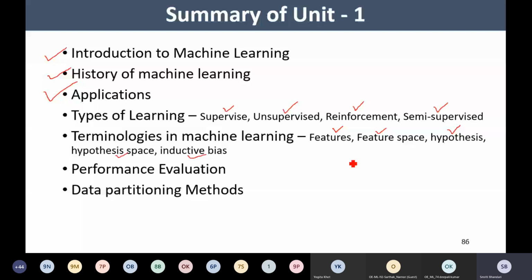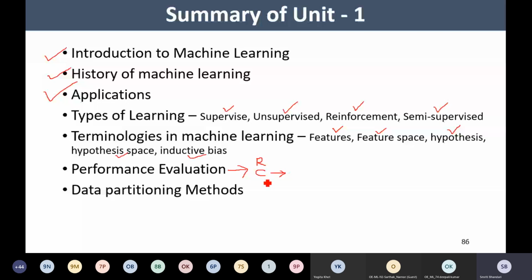Later, we discussed the performance evaluation of machine learning algorithms, right? Under that, we have seen how to evaluate the performance of regression algorithms. We have seen how to evaluate the performance of classification algorithms by making use of the confusion matrix, right?